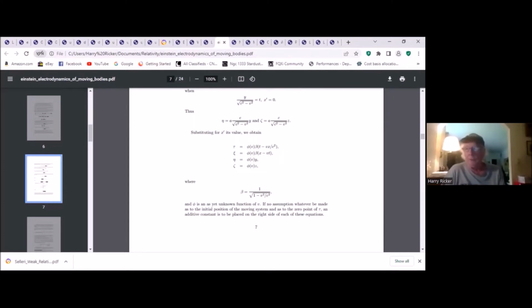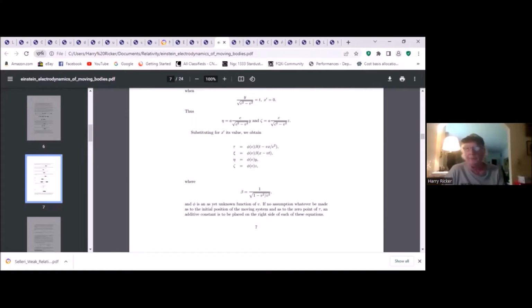You've got all these different theories now, as I was trying to point out with the Selleri theory, which turns out to be a particular case of all these different theories, depending upon how you choose your synchronization of time. In your development of your transformation equations, there's this parameter.